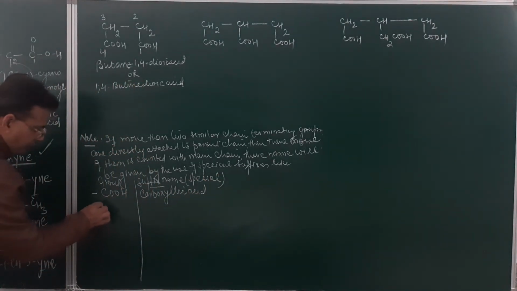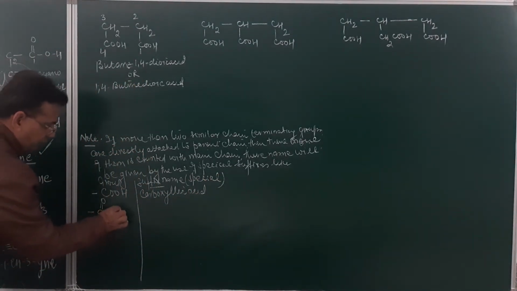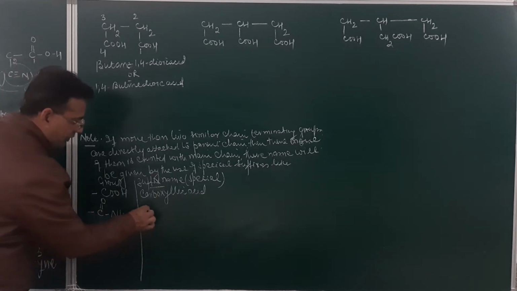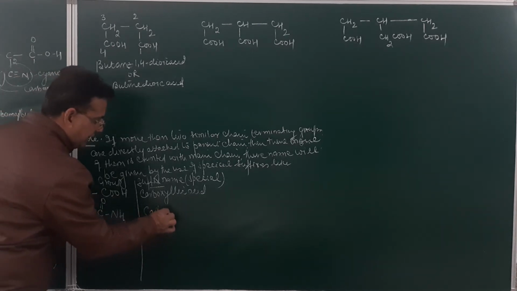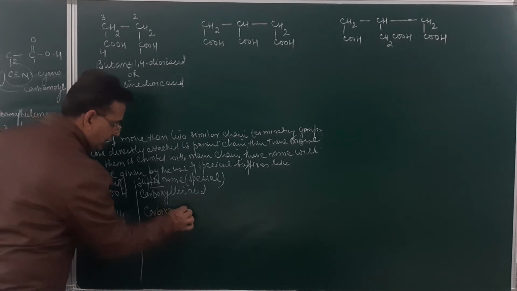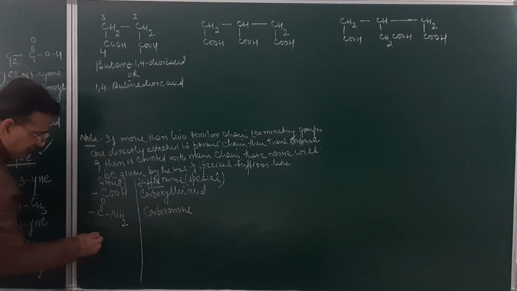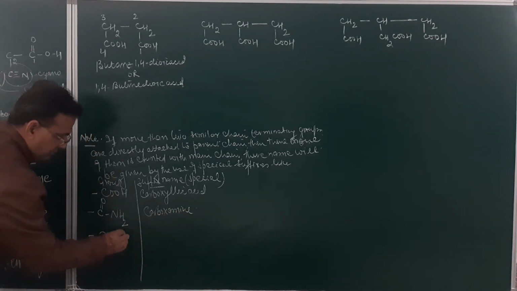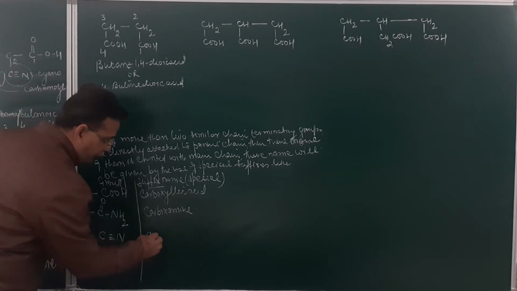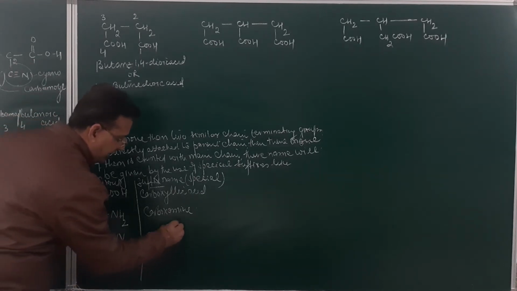If you have got the group C double bond O NH2, then the special suffix will be carboxamide. If you have got the group C triple bond N, then the special suffix used will be carbonitrile.